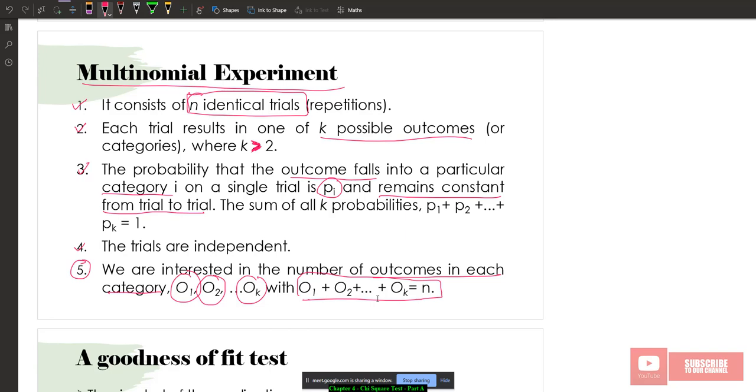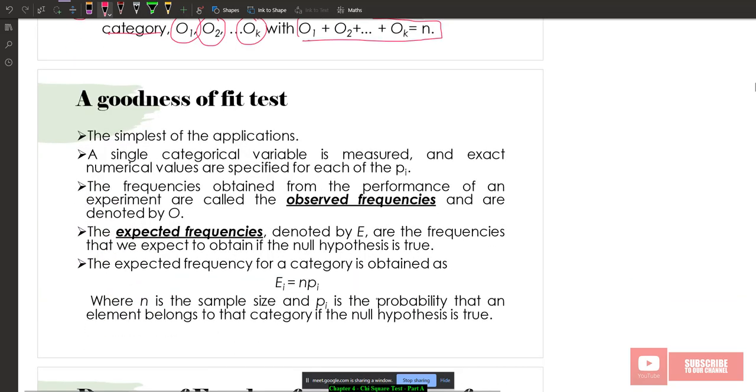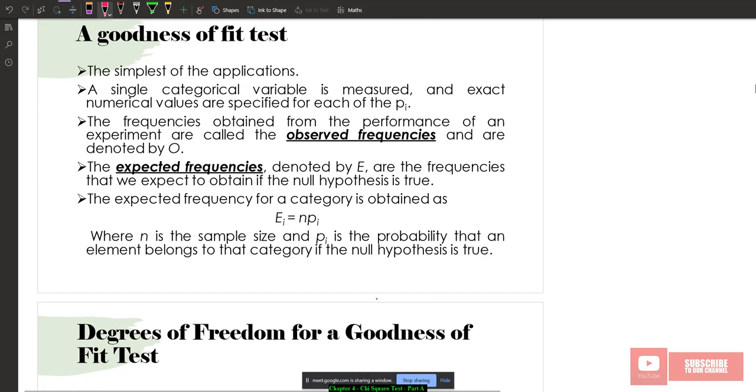In binomial distribution, we only have 2 category levels. For multinomial, we should have more than 2 levels of category, but if you have only 2, you can also use a multinomial experiment, though for the term to change the number of possible outcomes k should be more than 2. Now we move to the goodness of fit test.